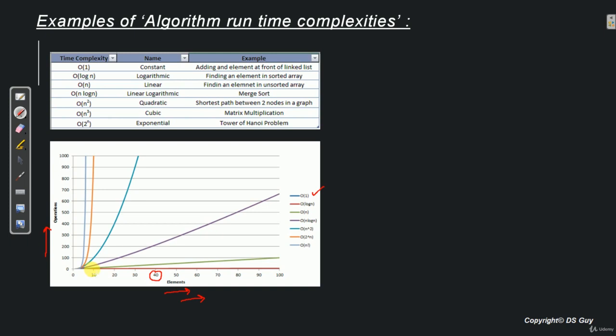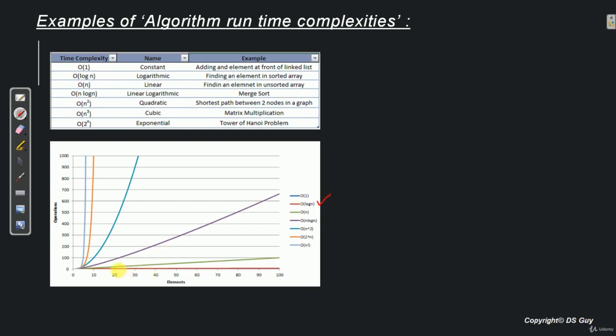So here we have a thin blue line, which is not visible right now, but we have it here under this red line, indicating that whatever be the number of elements, the operation always remains constant, that is 1.